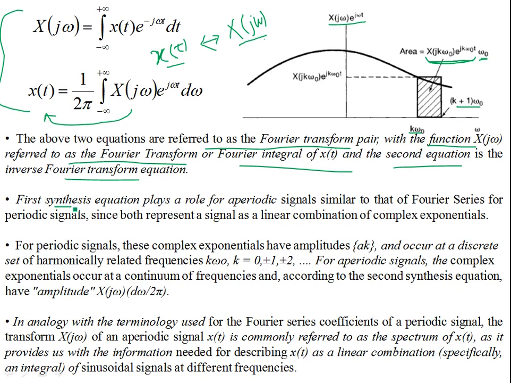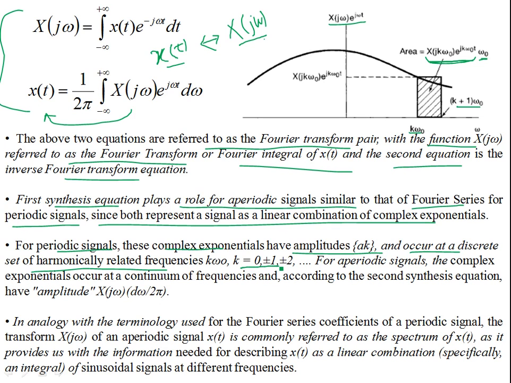The first equation plays a role for aperiodic signals similar to that of the Fourier series for periodic signals, since both represent signals as a linear combination of complex exponentials. For periodic signals, these complex exponentials have the Fourier coefficients as amplitudes. They occur at a discrete set of harmonically related frequencies k omega naught, where k varies from 0 to plus minus 1, plus minus 2, 0 being the DC quantity.